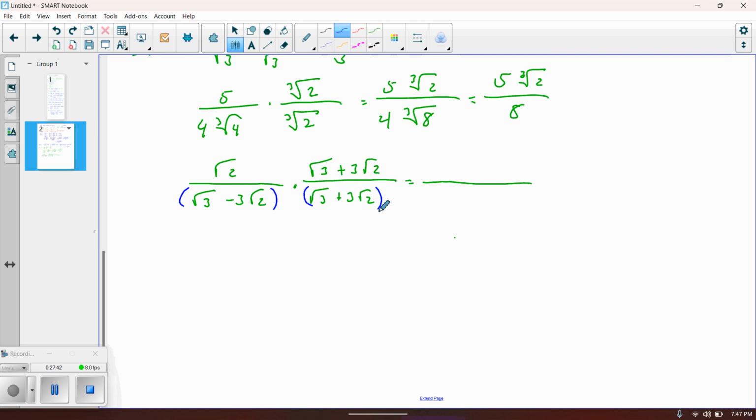That first one times the first one, square root of 3 times square root of 3, is just 3. Now, if I multiply the outside pieces, that's 3 times the square root of 2 times the square root of 3, which basically becomes 3 times the square root of 6. If I multiply the inside pieces, that is also 3 times the square root of 6, but it's negative. So I have a positive 3 square root of 6 and a minus 3 square root of 6.